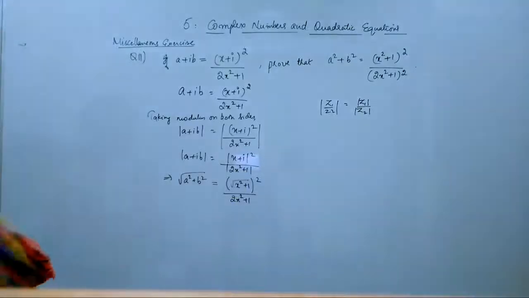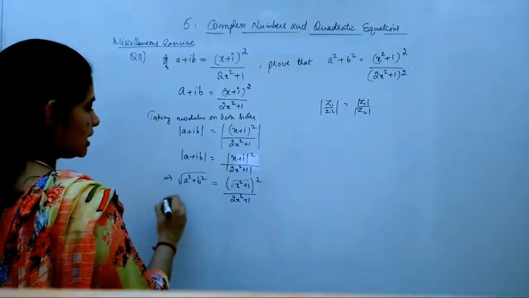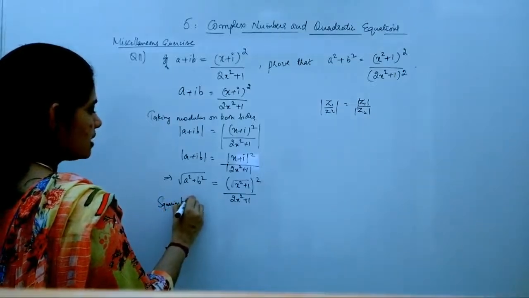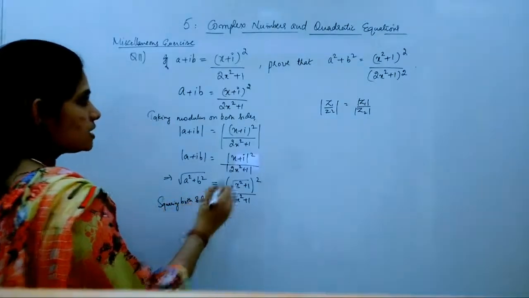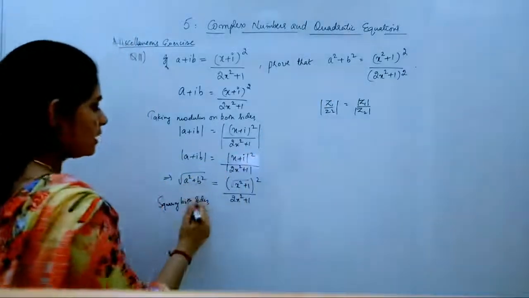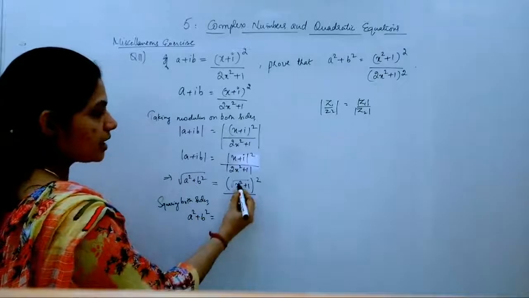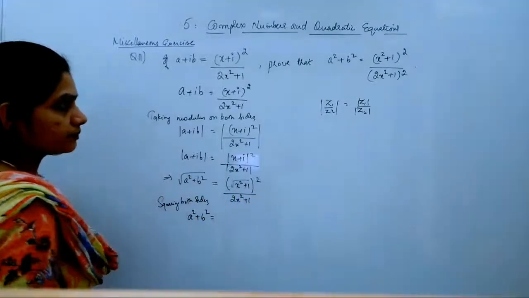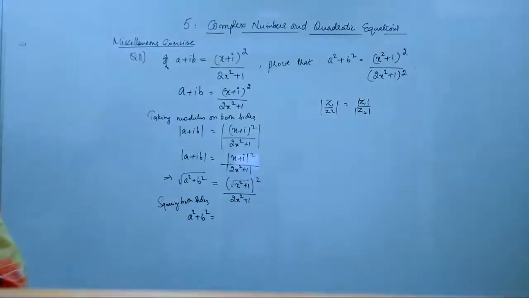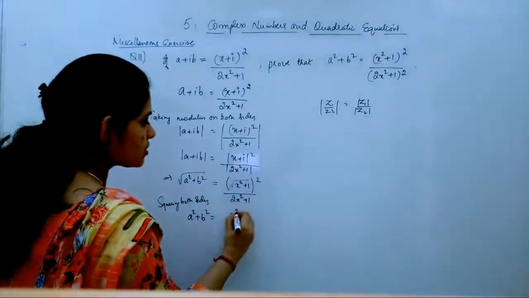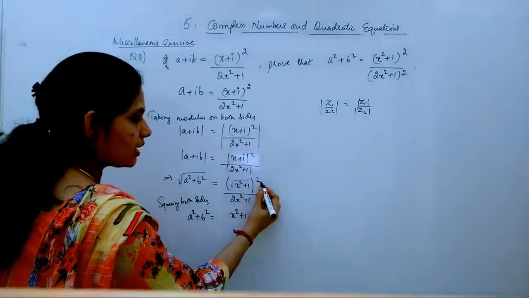Okay. Now, we take the square on both sides, that is, squaring both sides. Why are we squaring? Because we need a square plus b square. So squaring, the left hand side will become a square plus b square. The right hand side, actually it was x square plus 1, because root and square have gone.